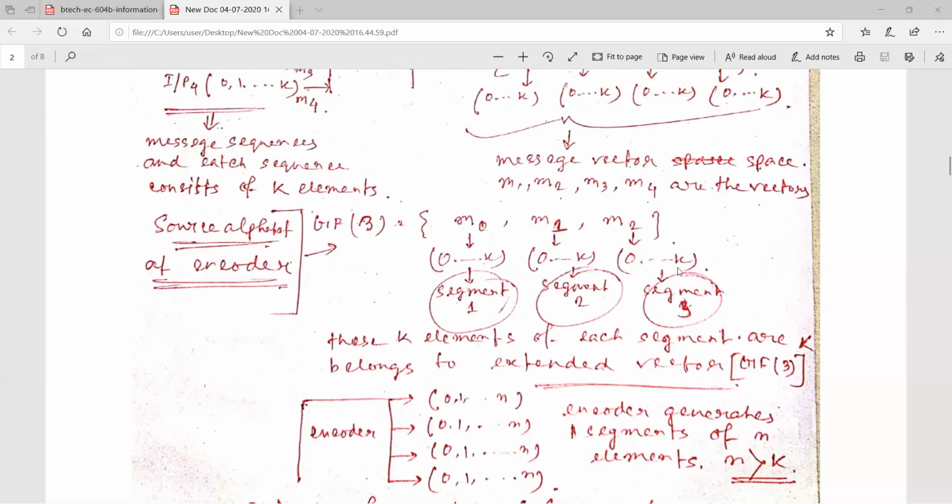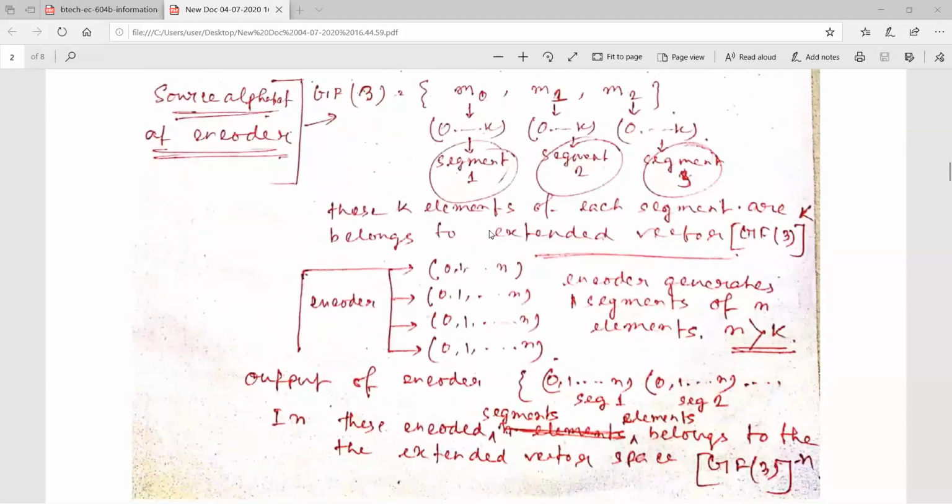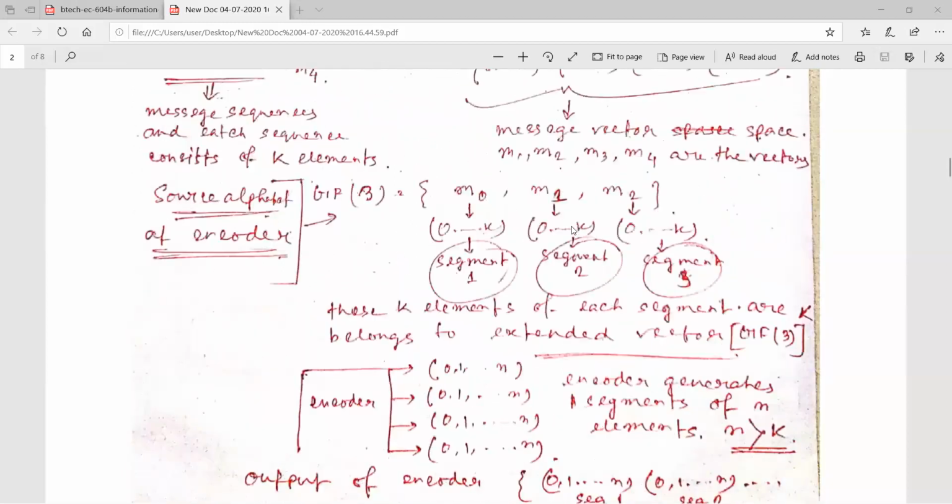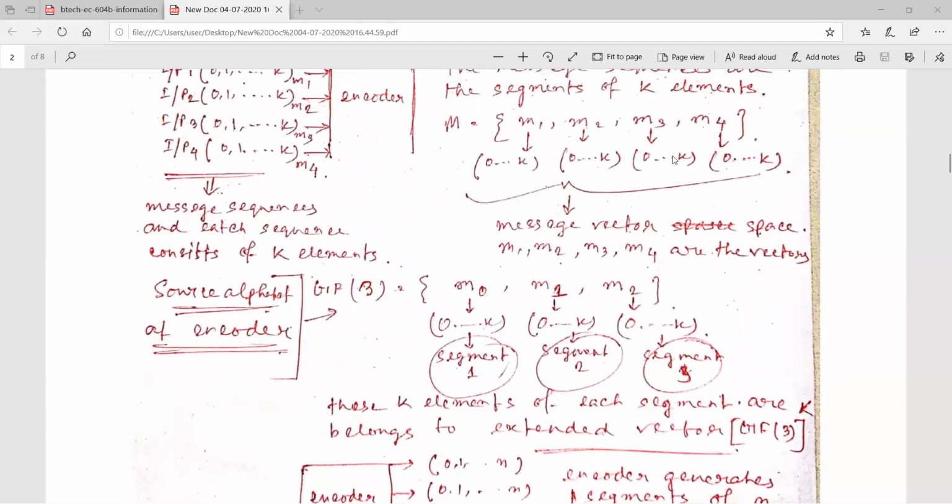These k elements of each segment belong to an extended vector space. As I have told before, the individual vectors are m1, m2, m3 and m4, and this total set of vectors is called the vector space.